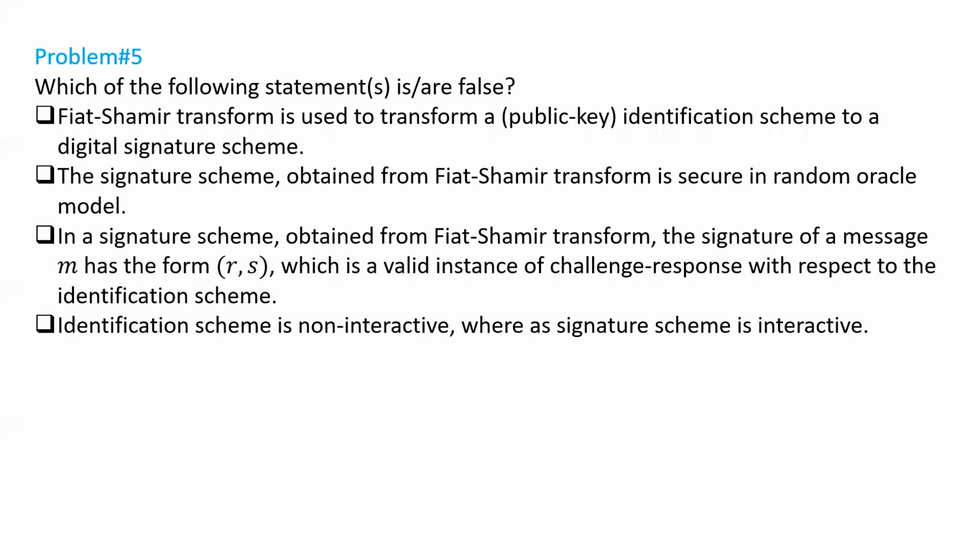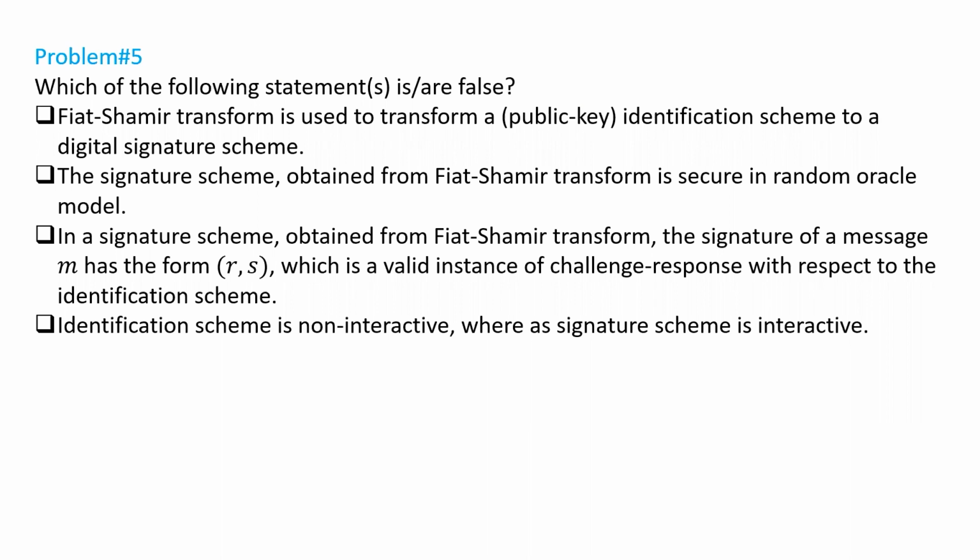The hash function takes as input the commitment value I and the message M for which the signature needs to be generated. And the output of the hash function, because it is modeled as a random oracle, appears to be random. And because the signature scheme is non-interactive and there is no such verifier existing in this scheme, like the way it was in the case of the identification scheme.